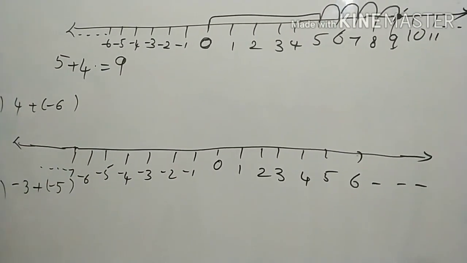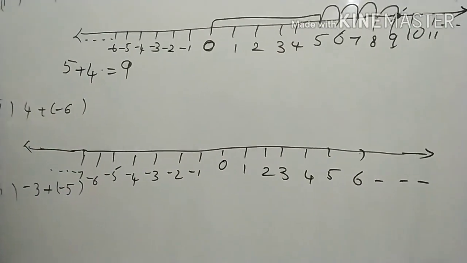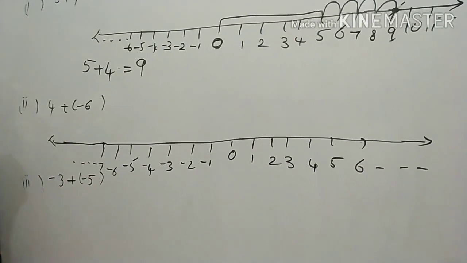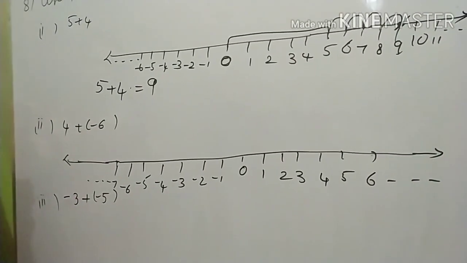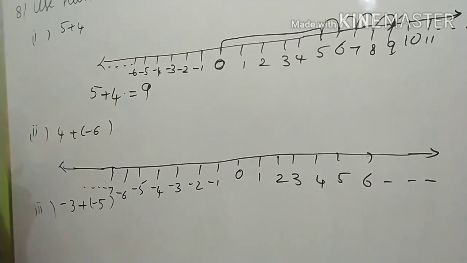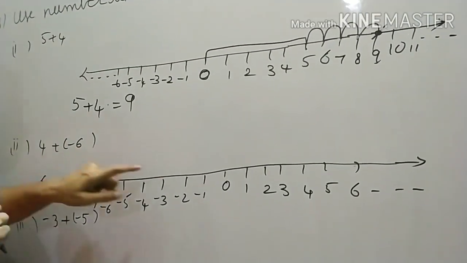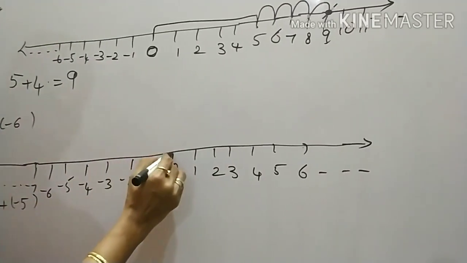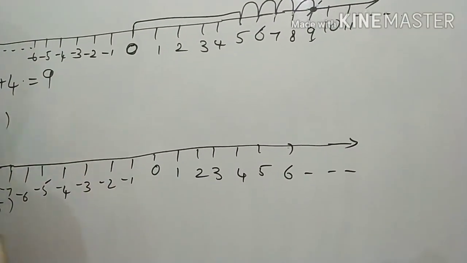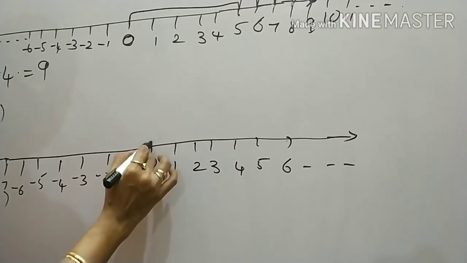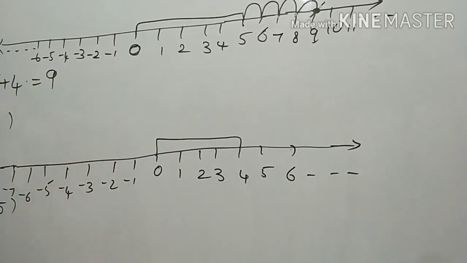For this one I am taking another number line. Here also what we have to do? We have to go for the first number. What is the first number here? 4. Always we have to start from 0. 0 to 4. First number 4. So 1, 2, 3. So go for 4 first.